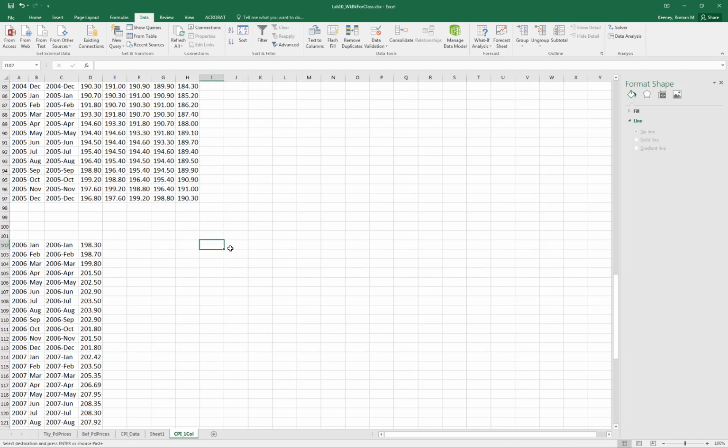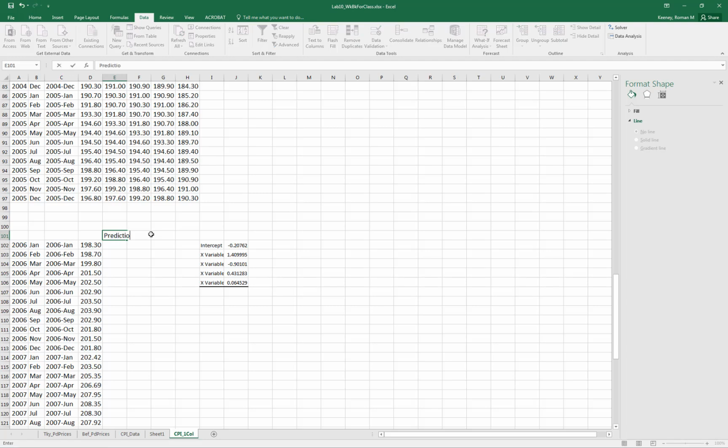and bring them all the way down here. Okay, and so let's make a prediction. Let's just put this column right here as our predictions. And so our predicted price for January of 2006 is going to be equal to the intercept plus the first coefficient multiplied by 1 month ago's price, plus the second slope coefficient, or the second estimate, times 2 months ago, plus the third coefficient times 3 months ago, October.